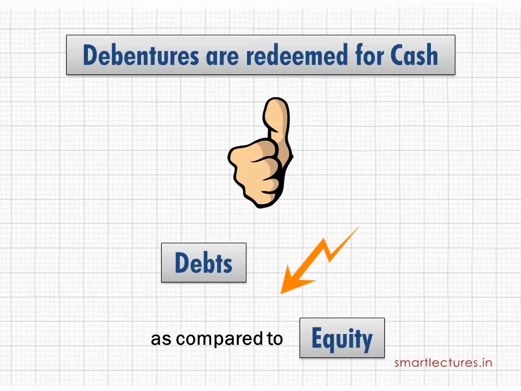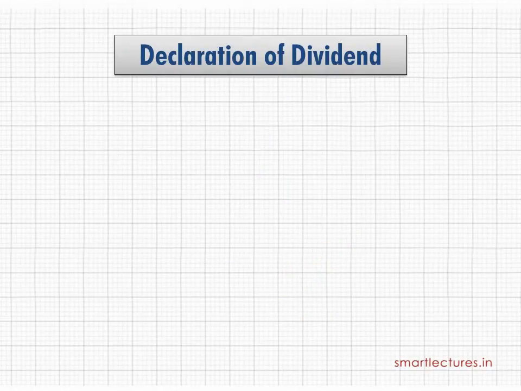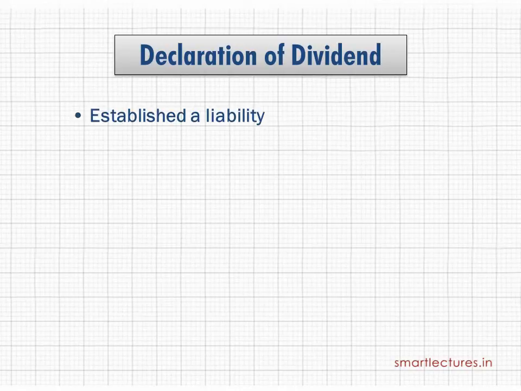Let's take one more situation. Declaration of dividend means the company has declared a dividend. When the company declares a dividend, it means the company has established a liability which is to be paid within 1 year. It means the company has created a short-term liability.